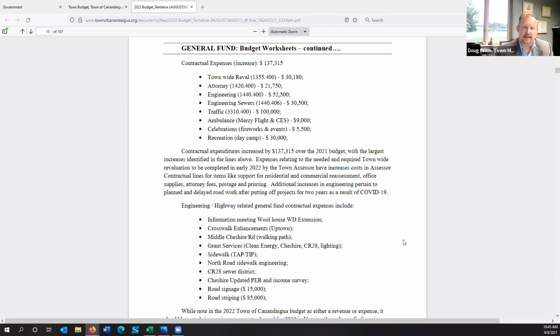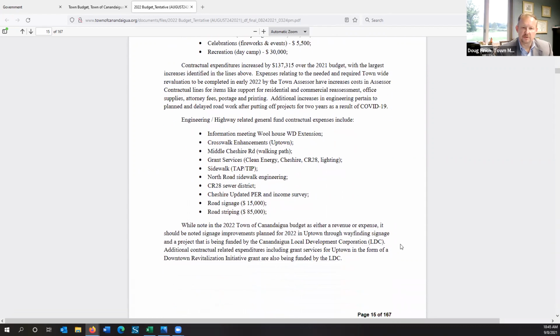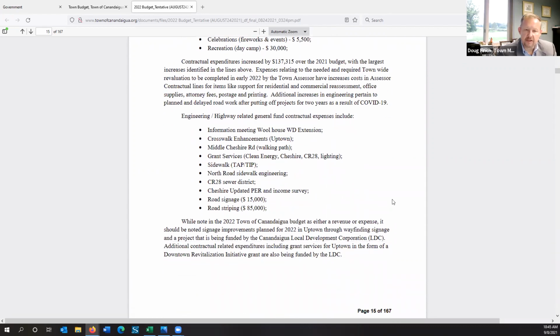We've also got contractual expenditures relative to engineering and highway. Kind of on the next line, this again is a general fund expense as we talk about different things, whether it's going after a grant for an improvement of a road. For instance, like we've talked many times about North Road needing a pathway from State Route 332 to the Academy, and the engineering associated with what we're now calling a curb mountable sidewalk along North Road.